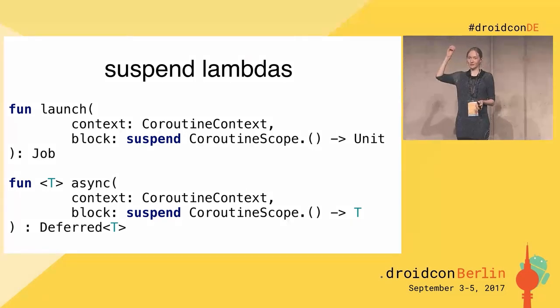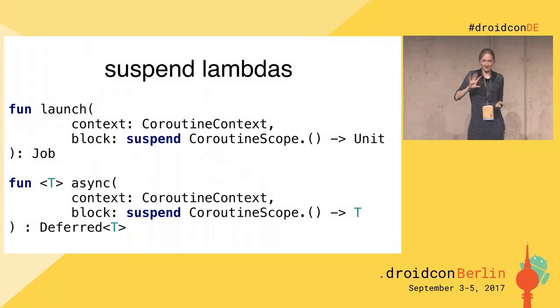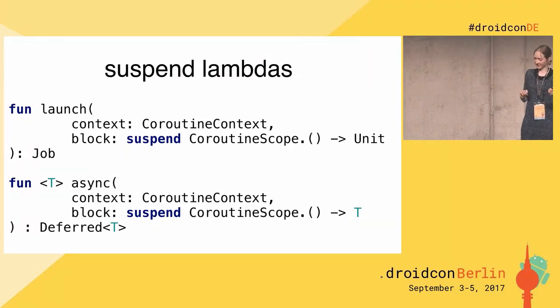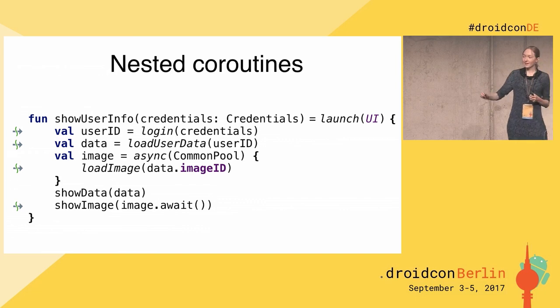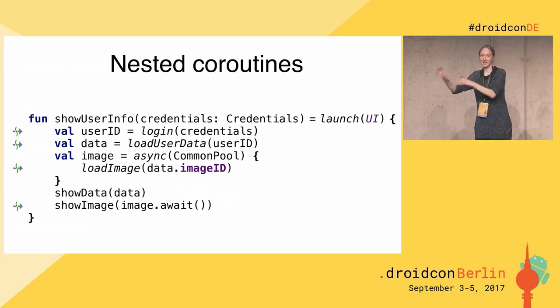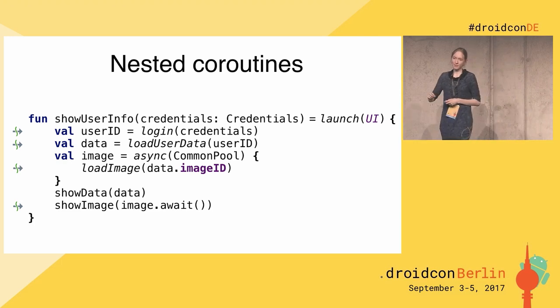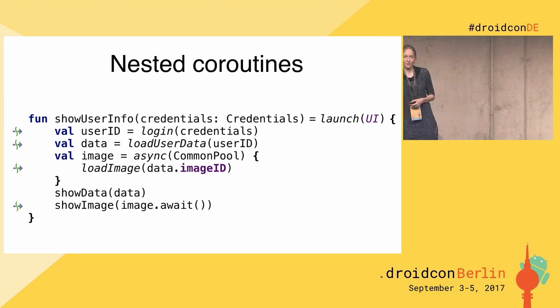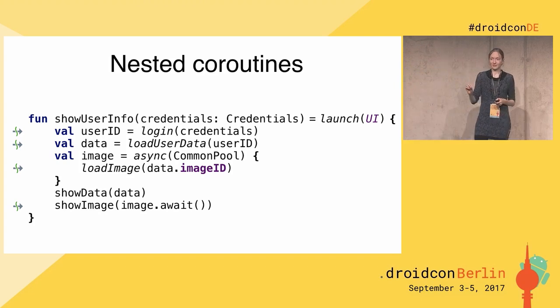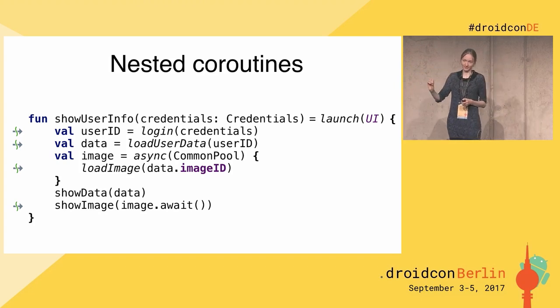So when you start a new coroutine with the coroutine builder, it's marked as something within a suspend context. You can declare nested coroutines, so you can start a coroutine inside another coroutine. So in this example, I started this launch first coroutine in the UI thread, and then we have async that starts another coroutine inside the first one.